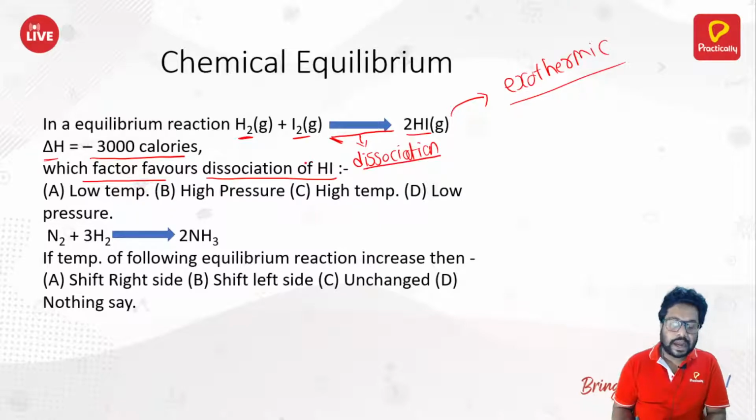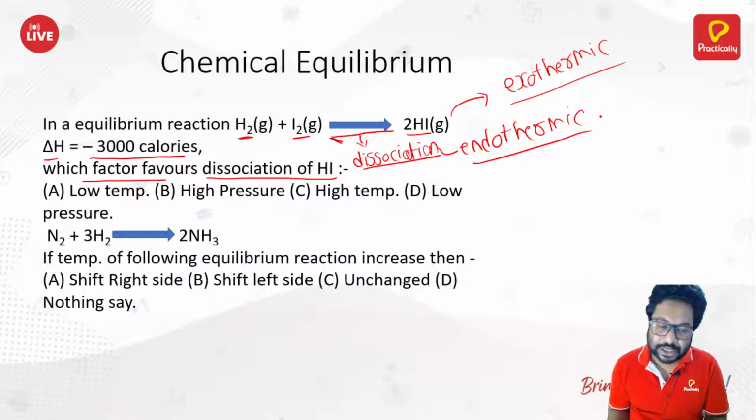That means one more thing. The forward reaction, they have already told us, is releasing 3000 calories. That means the forward reaction is exothermic, and the backward reaction has to be endothermic. And what is the backward reaction? Dissociation. And that is what they have asked us about.